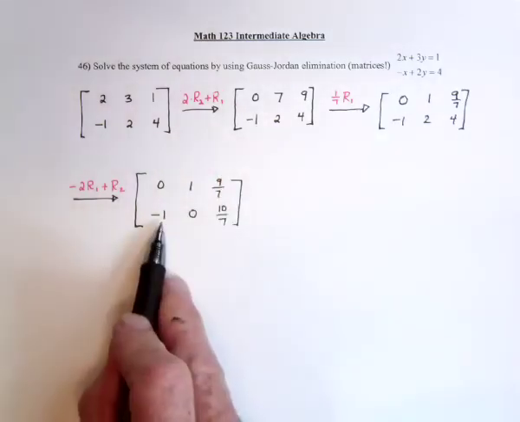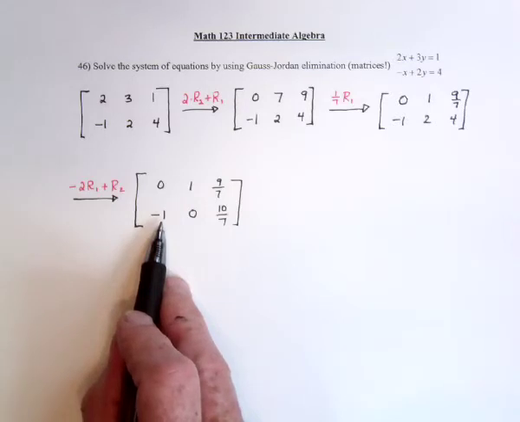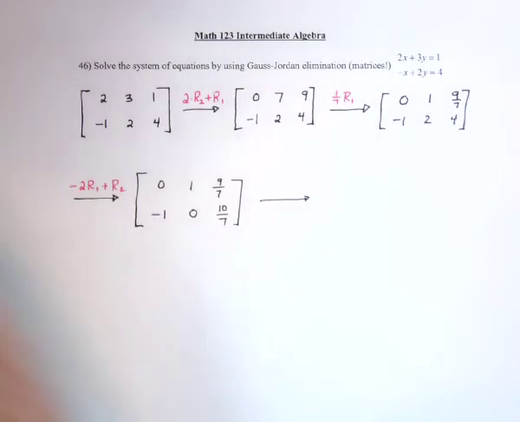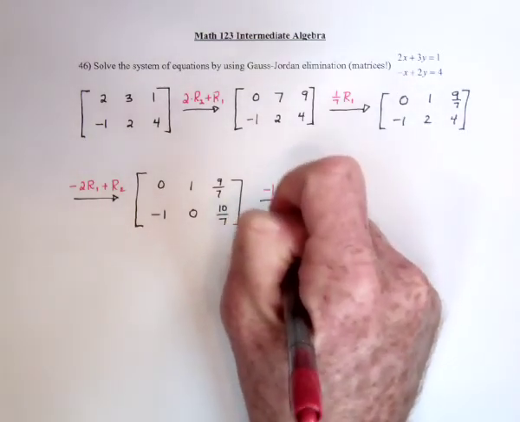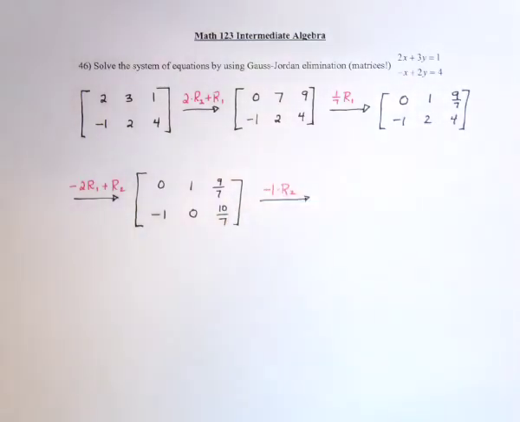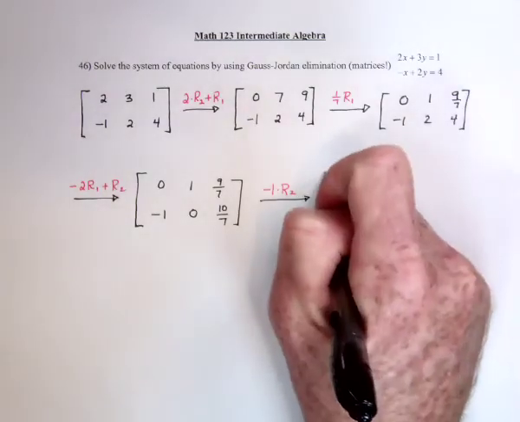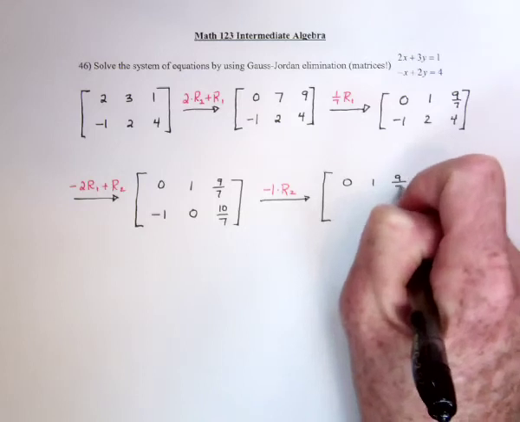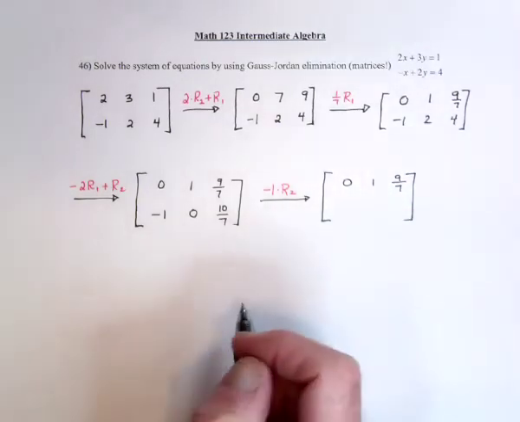And then this right here needs to become a positive, so I need to multiply this row by a -1. So -1 times row 2. Don't you just love math?